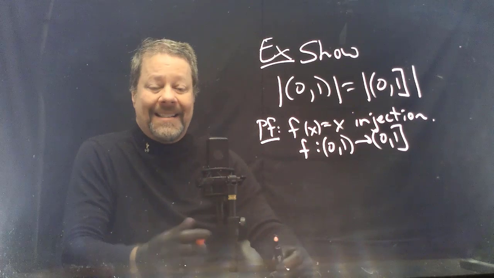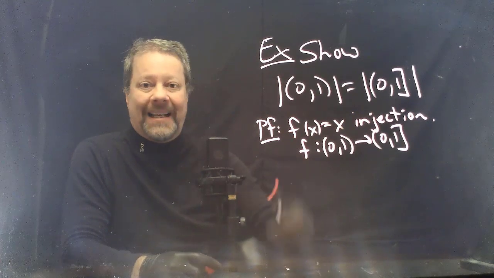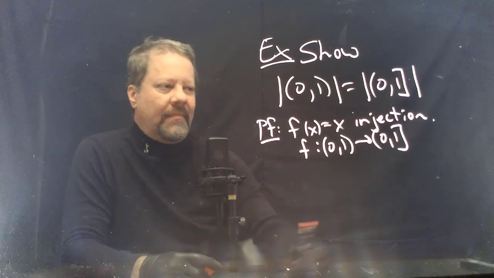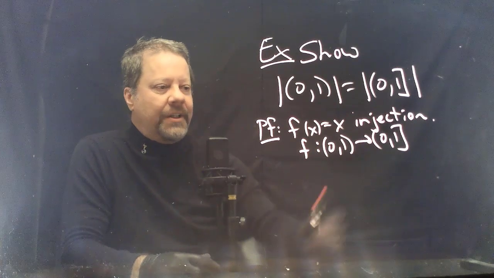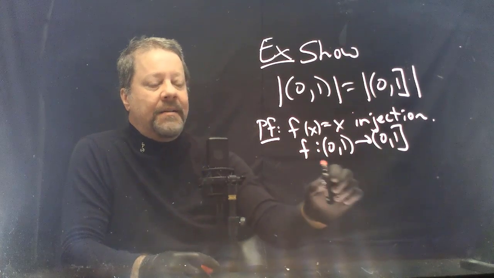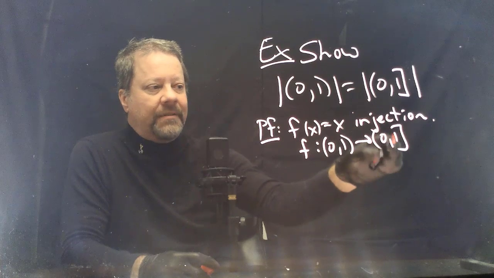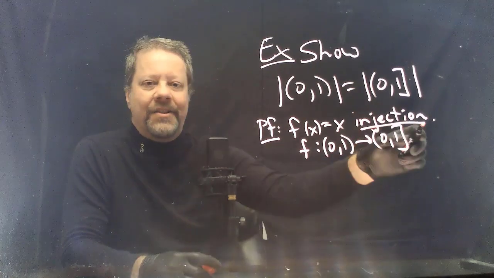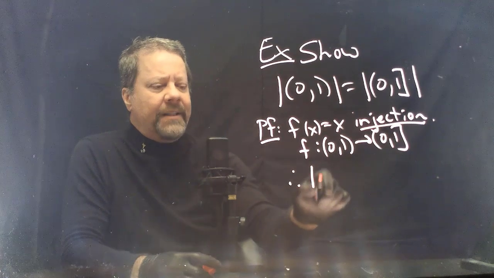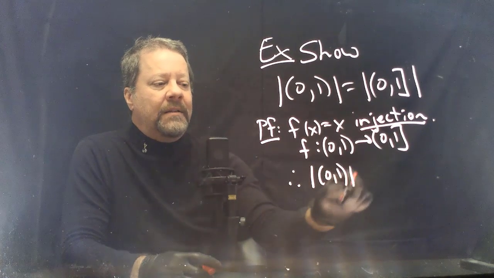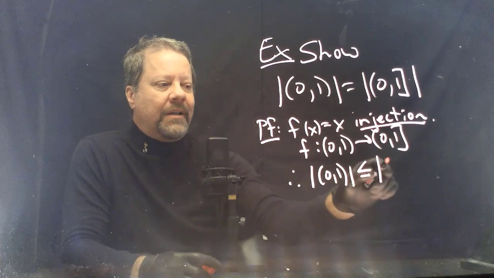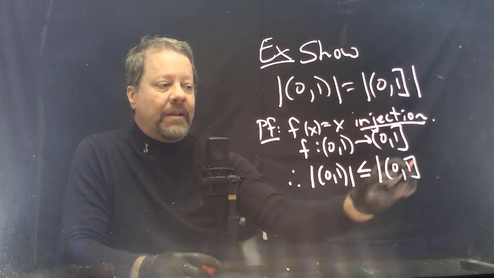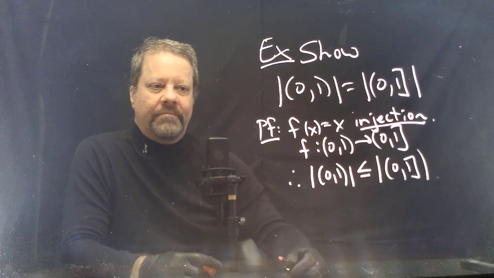If x1 does not equal x2, then f of x1 will not equal f of x2. And so this is an injection, but it's not onto because it doesn't cover the number 1 over here. But that doesn't matter. It's still an injection, and so we get the cardinality of (0, 1) is less than or equal to the cardinality of (0, 1] with the closed interval on the right.